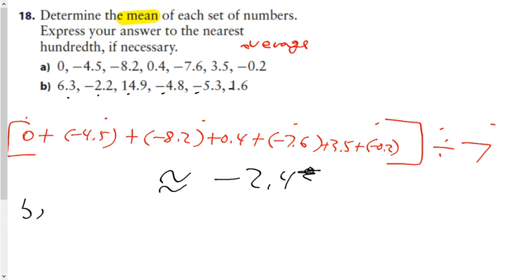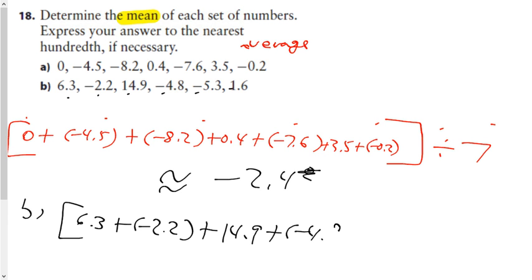So we're going to go in brackets 6.3 plus negative 2.2 plus 14.9 plus negative 4.8 plus negative 5.3 plus 1.6. End brackets divided by what number this time? 6. All right, let's see if I can remember this. Am I that good?